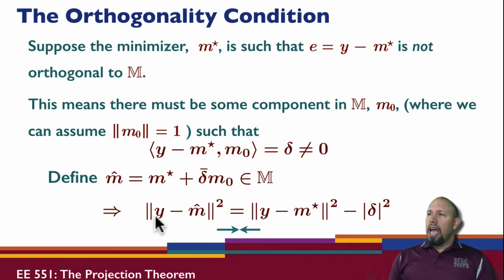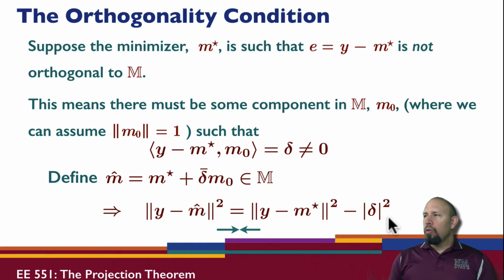Now we look at y minus M hat, and we compute the norm of that squared. You can go through and show that the norm of this squared is equal to the norm of y minus M star squared, minus delta squared.